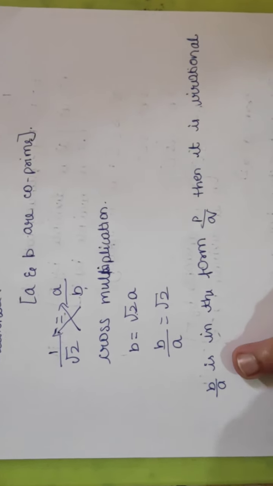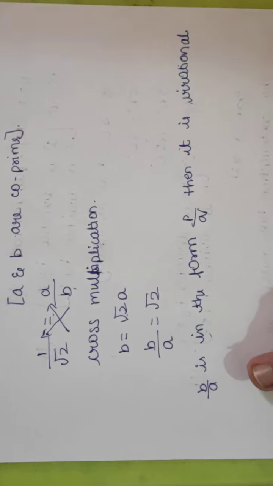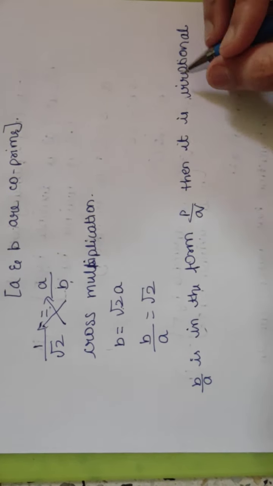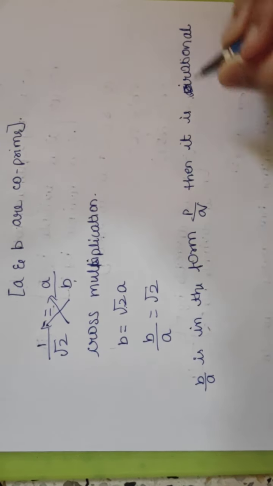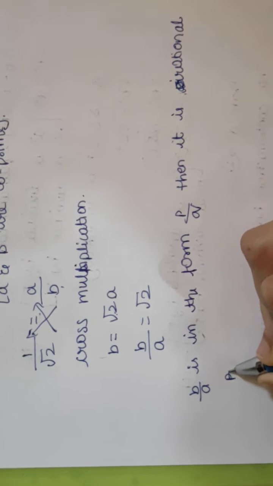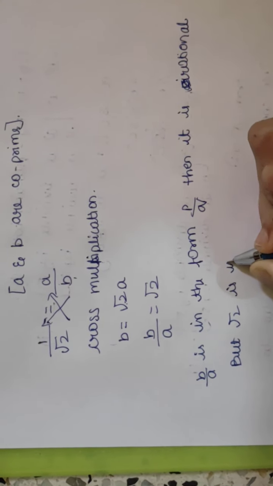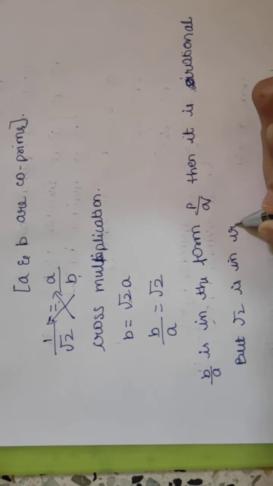So here we can conclude that b by a is rational. But root 2 is irrational.